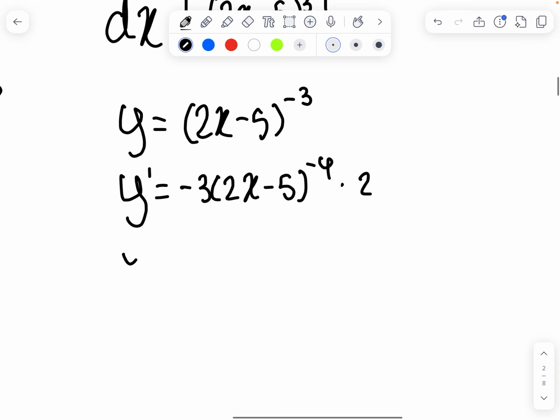And so y prime equals negative 6 times 2x minus 5 to the power of negative 4.